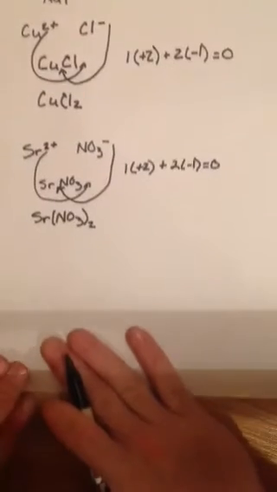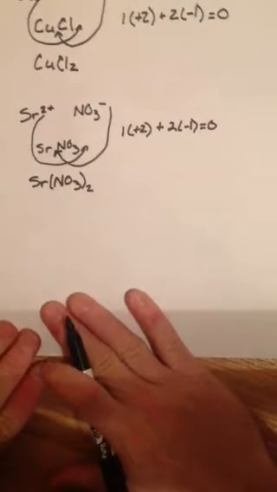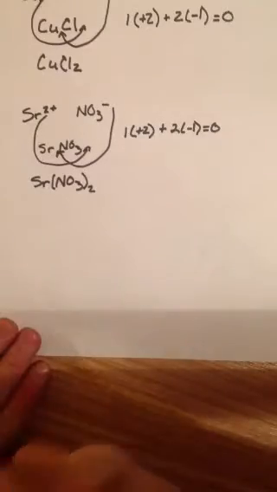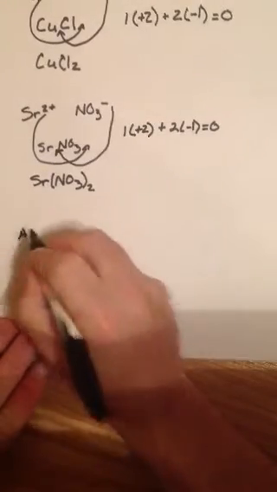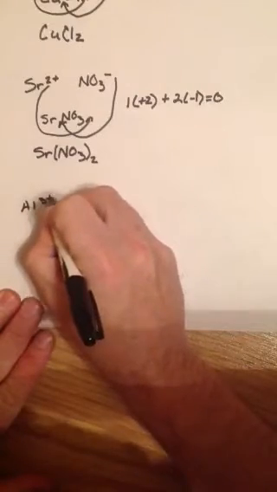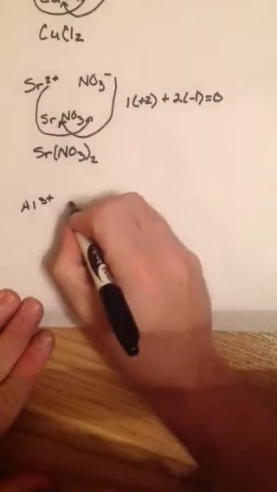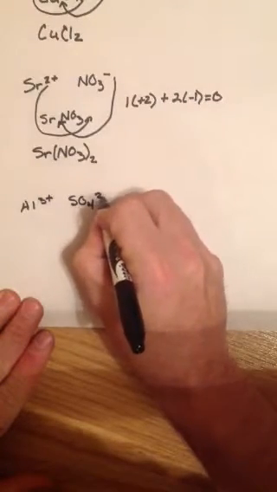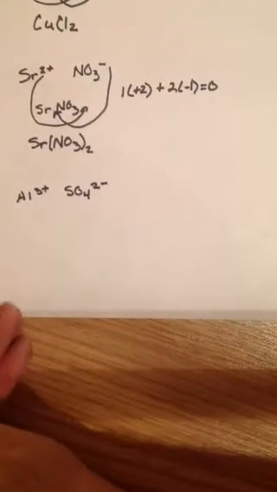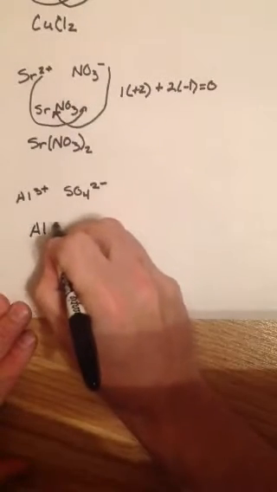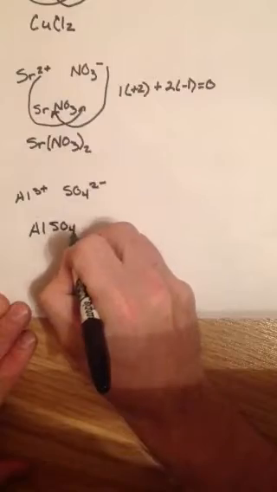Alright, let's try one more. Let's say we have the aluminum ion, which has a +3 charge, and the sulfate polyatomic, which has a -2. I can use the same method that I used before.